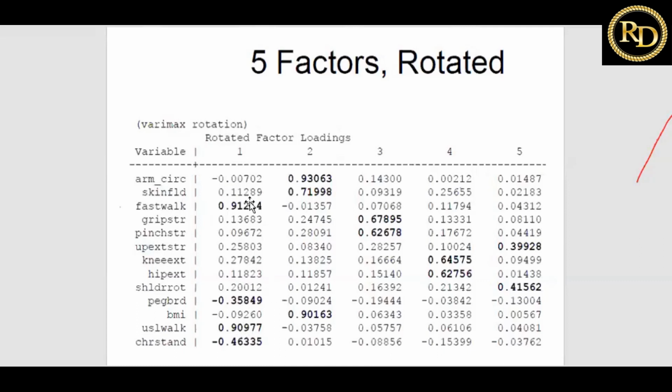Across all 5 factors, all the other values are very less. Across this one also you can see that all values are less.